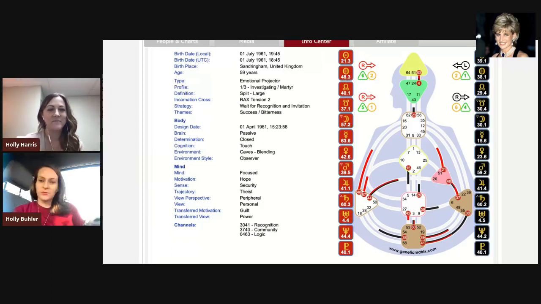So we're just going to read this as if we're talking to Diana. Your purpose is to provide tension so that life around you stays in tune. Just as the strings of a musical instrument cannot create the right sound if they are not kept at the right tension, neither can the essential things in life grow and be maintained without necessary controls.